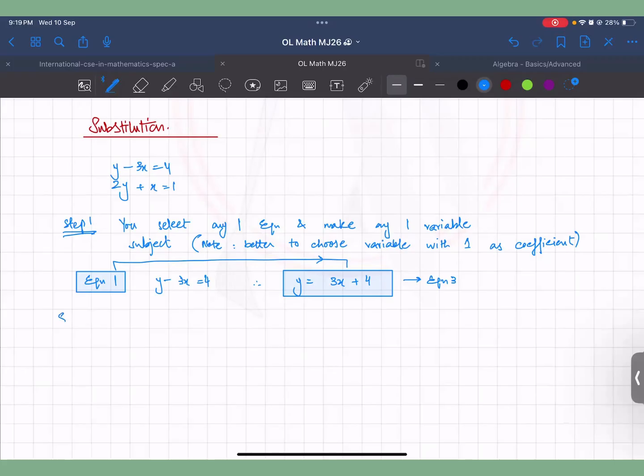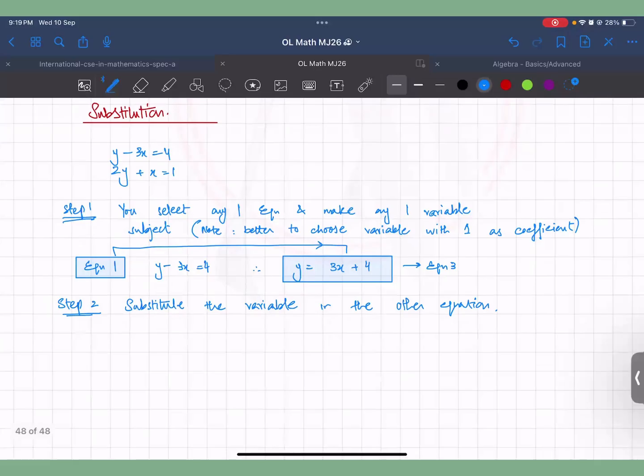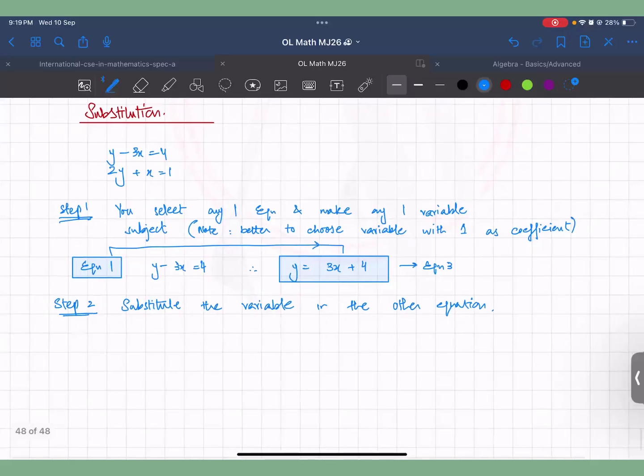And then step 2, substitute in the other equation the variable from the third equation. I'm writing out the steps so that you can follow. I'm not just watching, I'm writing everything.